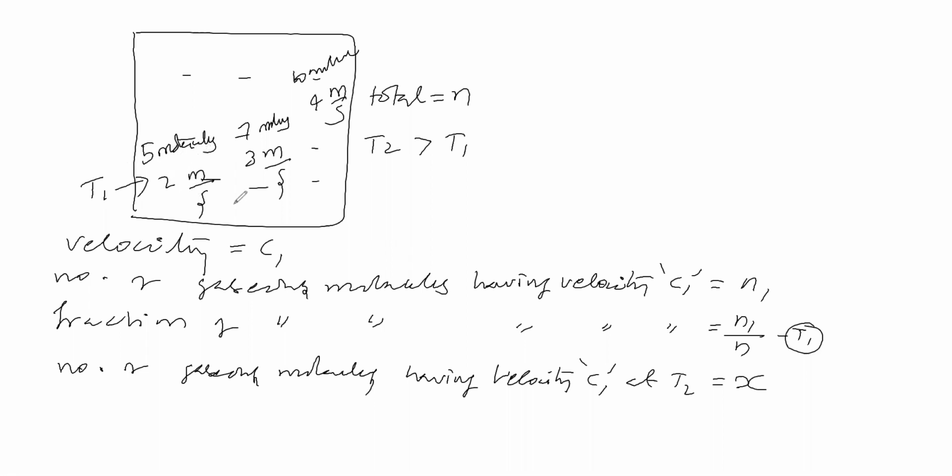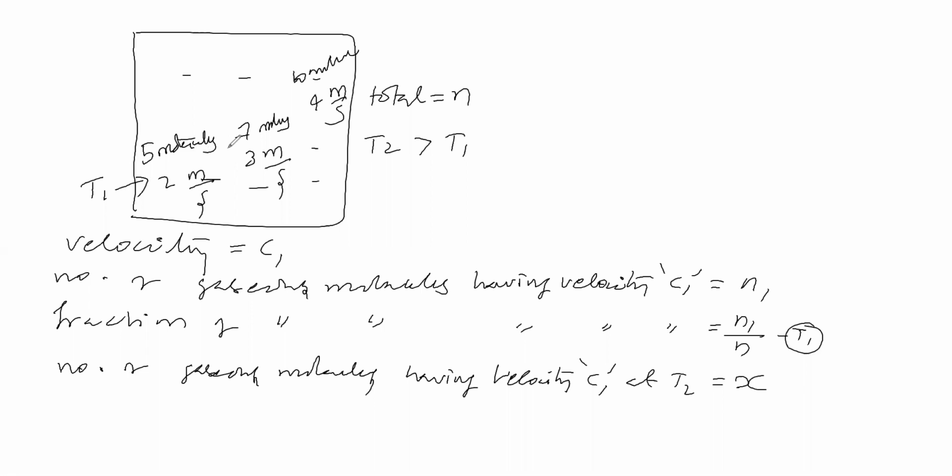You are increasing the temperature, which means you are supplying heat energy, so the kinetic energy of these molecules gets increased. Therefore, the velocity of these molecules gets increased. So is velocity 2 meter per second possessed by 5 molecules at T2, or less than 5 molecules at T2? What do you think?